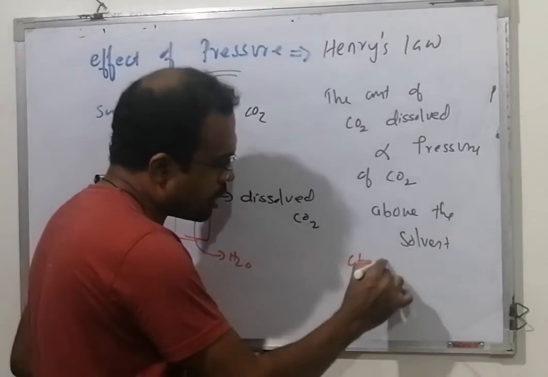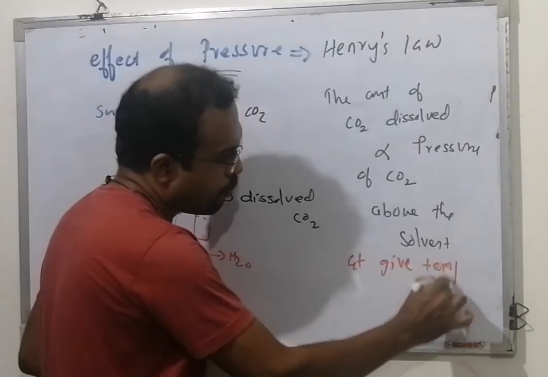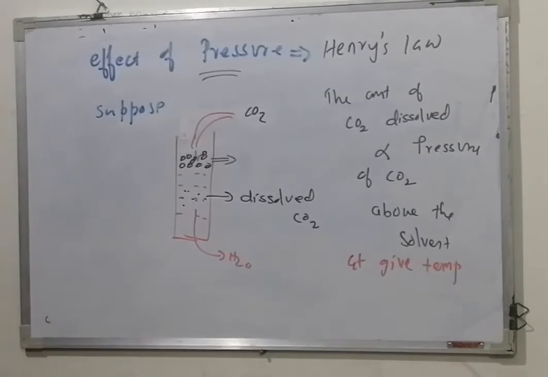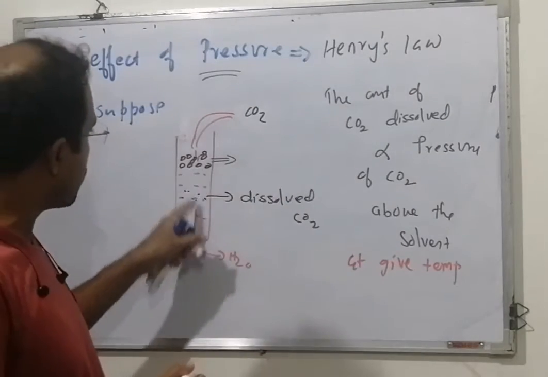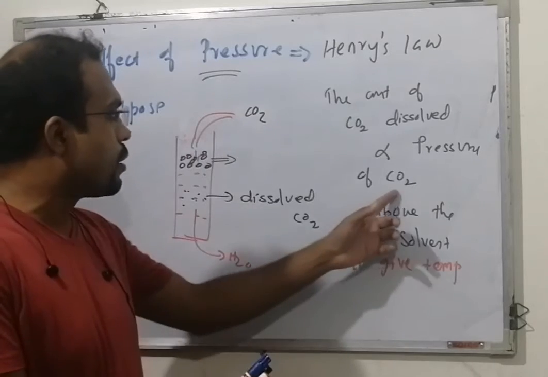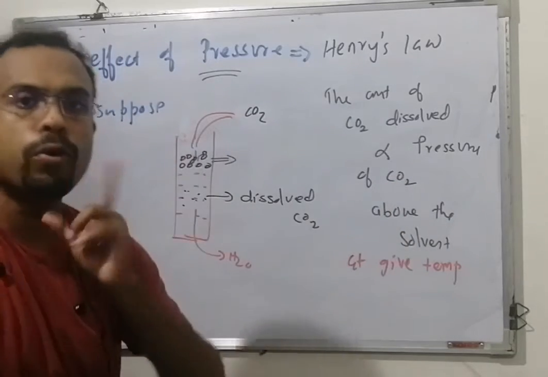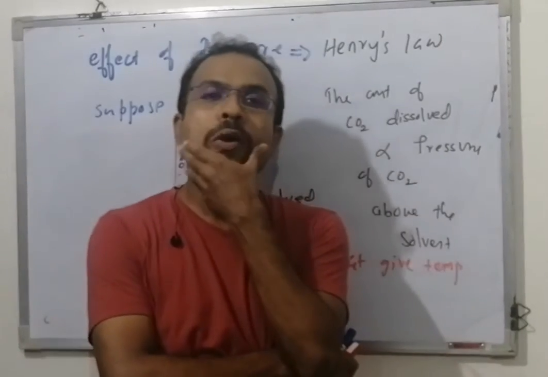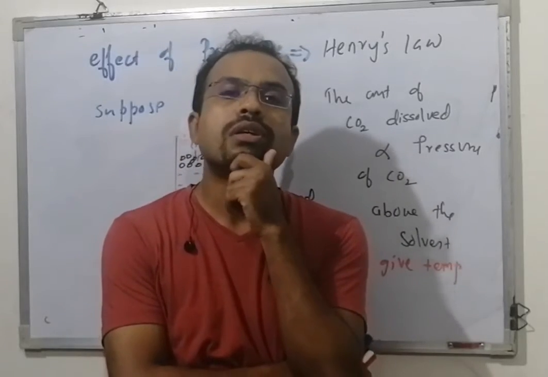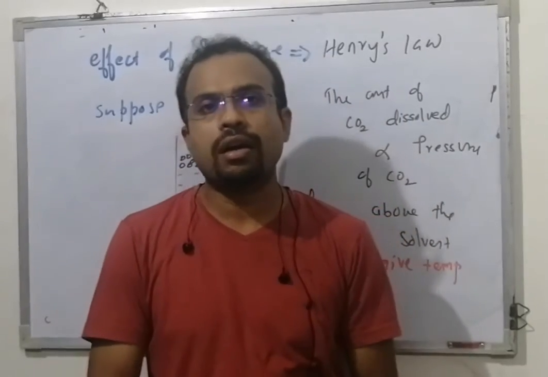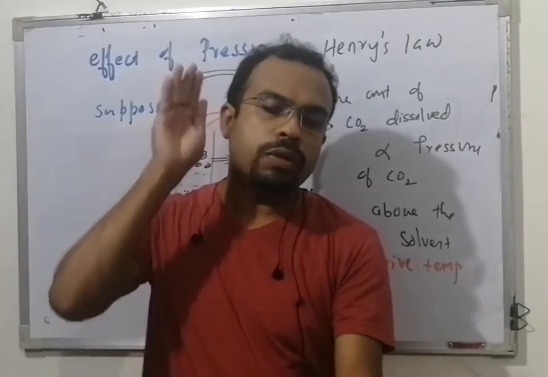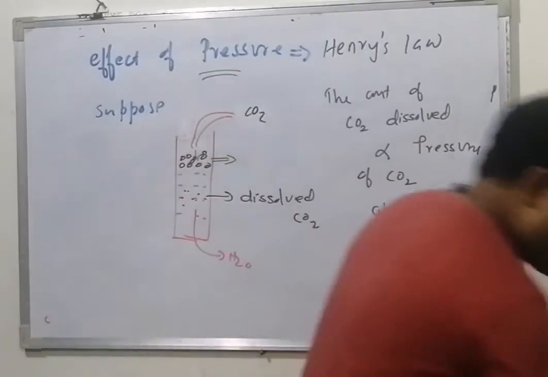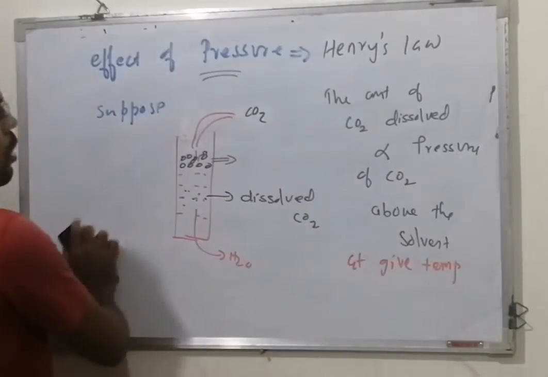Here at a given temperature, that's very important, given temperature. This is Henry's law. Yes, if you have a soda maker in your house, how much carbon dioxide you dissolve in the water depends upon how much pressure you are applying through the machine.